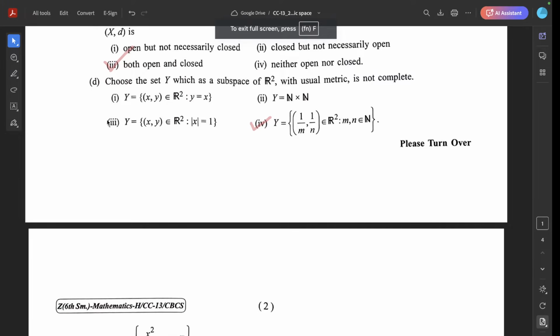Question 1D. Choose the set Y which, as a subspace of R² with the usual metric, is not complete. The correct option is 4. Y is the set of all those ordered pairs (1/m, 1/n) belonging to R² such that m, n belong to the set of all natural numbers.